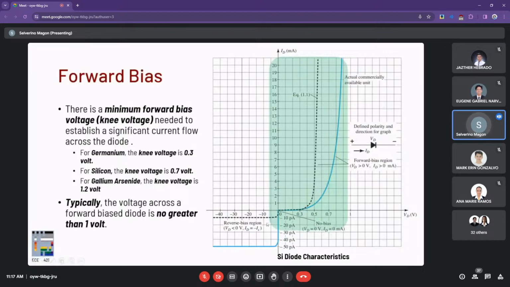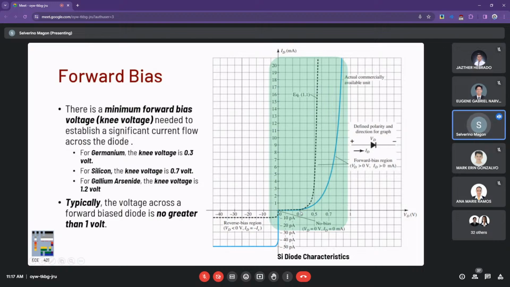So actually, if we try to plot the response characteristics of diodes, if we apply voltage across the pins, anode and cathode, positively, we need to reach, in this case, some forward potential greater than 0.3 volts.